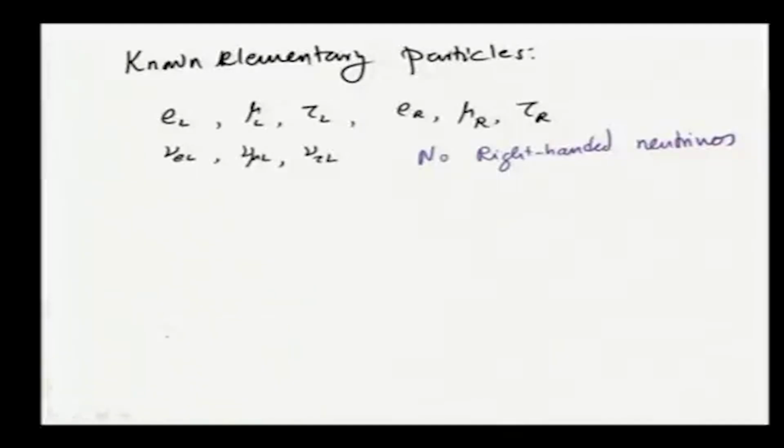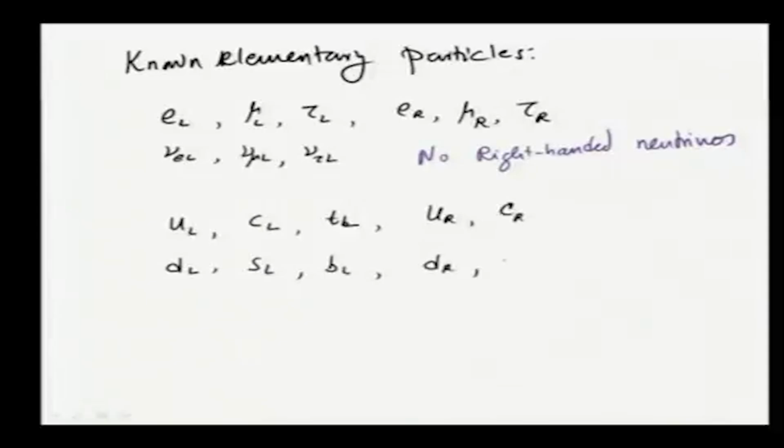What about the quarks? We have U L, D L, C L the charm quark, strange quark left handed, top quark left handed, bottom quark left handed. We also have right handed quarks, all of them C R, S R, top and bottom, all of them are there.